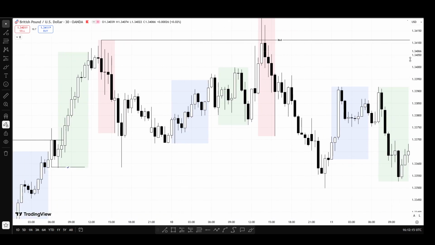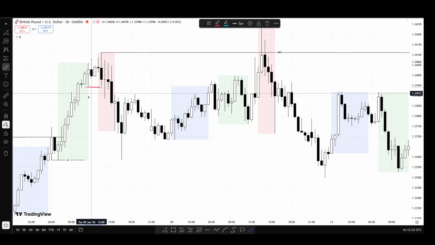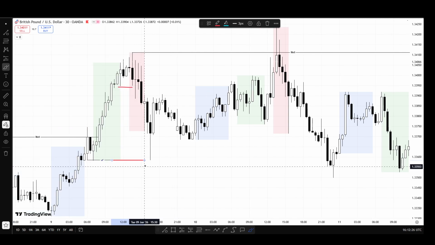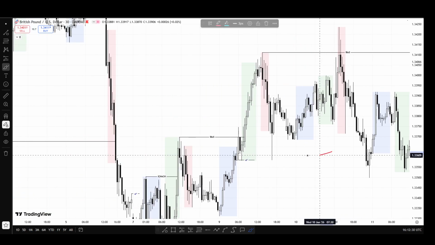So as you can see, price then came back to sweep. So price came back, swept this low, okay, and then swept this low with this candlestick here, okay. So that sweeps here.